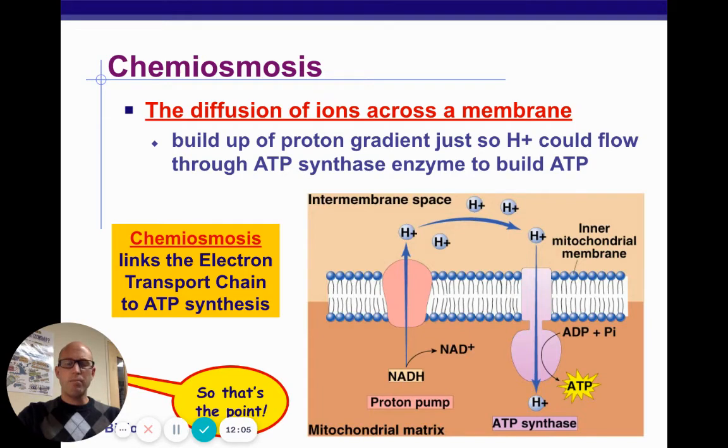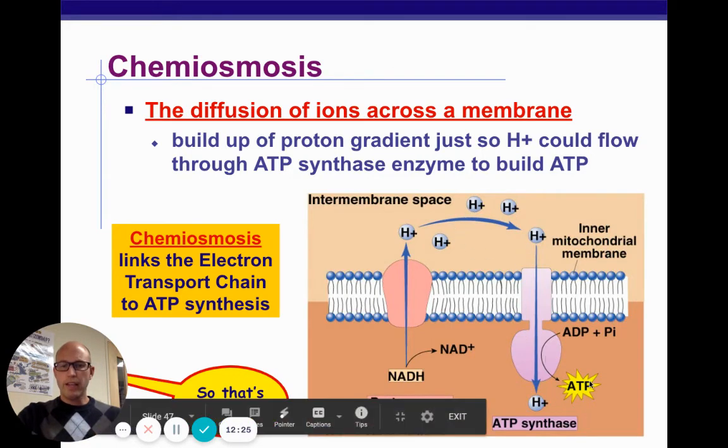It's this idea of building this concentration gradient of ions and then allowing those ions to flow across a membrane in order to build ATP. Okay? So chemiosmosis and oxidative phosphorylation, for our purposes, I think we can use those terms interchangeably. We're building up the concentration gradient here, allowing it to go through ATP synthase, and that's what's making ATP.